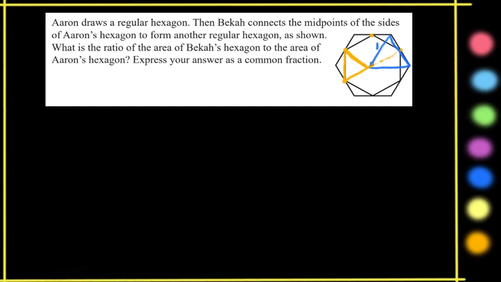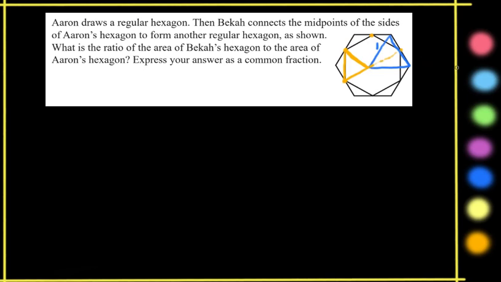Well, here we have a 30, 60, 90 triangle. We know that because a regular hexagon can be split into equilateral triangles, and half of an equilateral triangle is going to give you 30 degrees here, 60 degrees here, and a right angle here. So the altitude of this triangle is, if you know your special right triangles, the ratio of the sides is 2, 1, square root of 3. Or if this is 1, this is square root of 3 over 2.